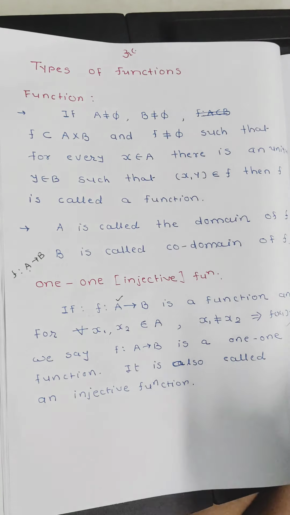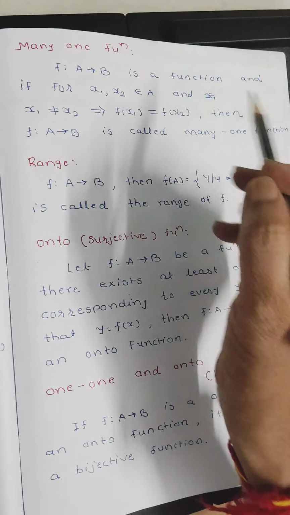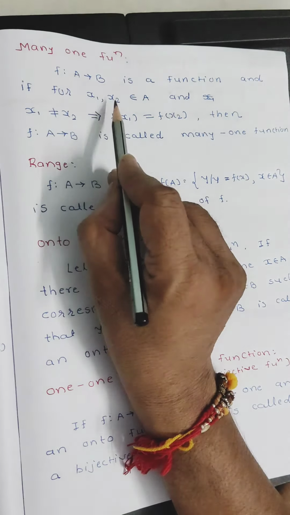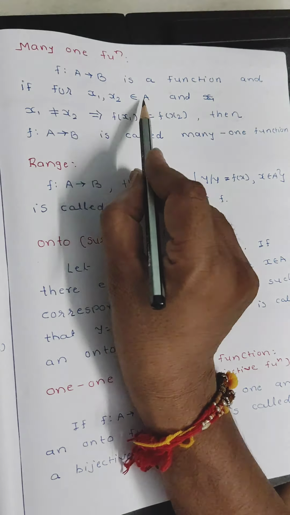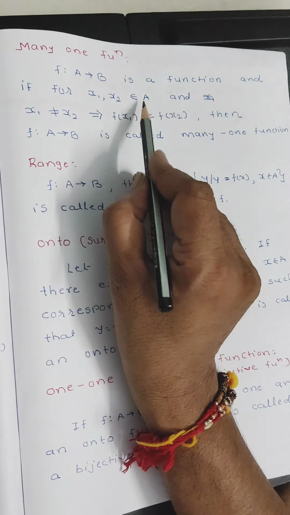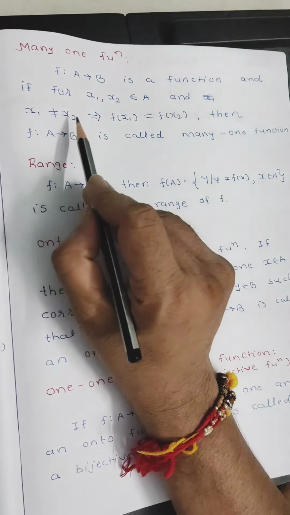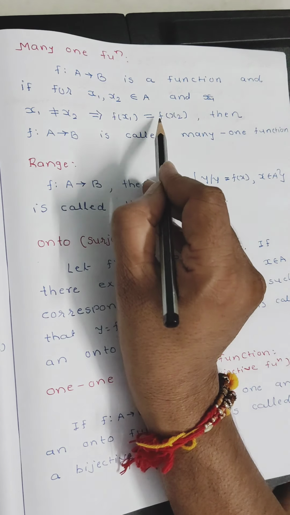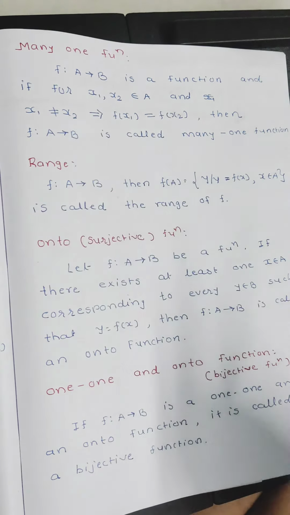But what is a many-to-one function? In a many-to-one function, f: A to B is a function, and for x1 and x2 belonging to A, means I have to select x1 and x2 from the domain, x1 is not equal to x2, but f(x1) is equal to f(x2). The answer is the same, just like the modulus function.